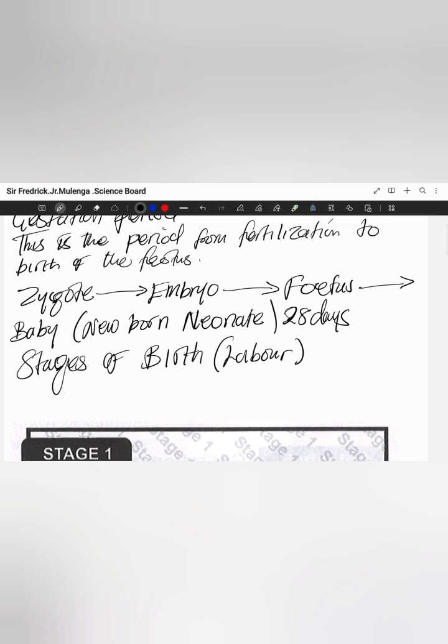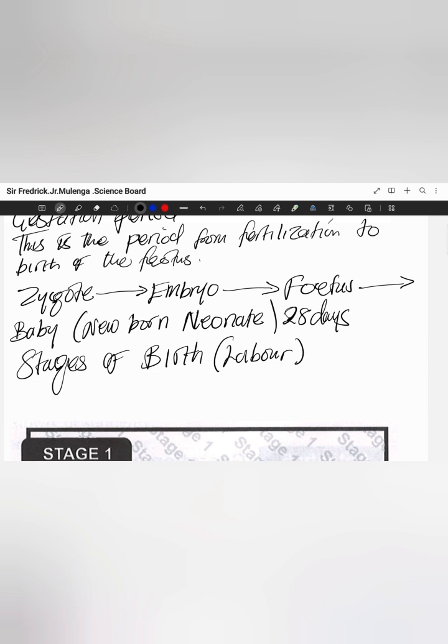Sometimes birth cannot occur naturally, so other methods are used, where a woman is cut on her tummy using surgical procedures.